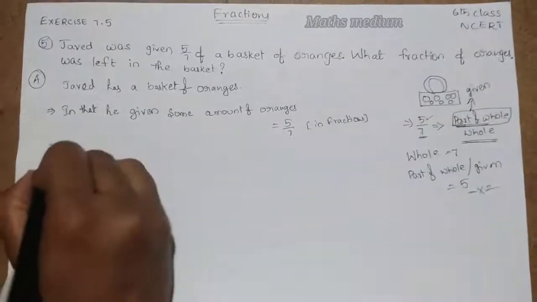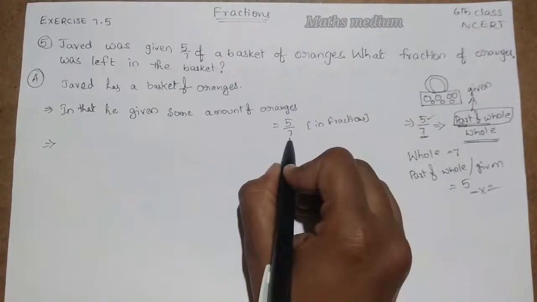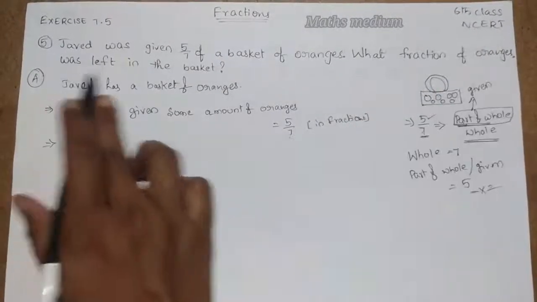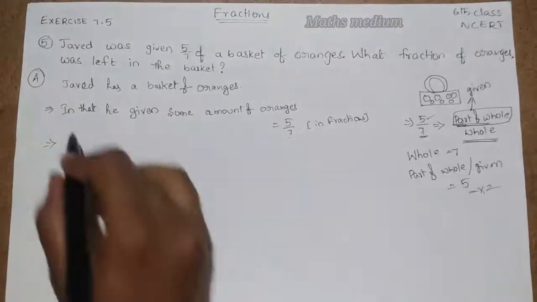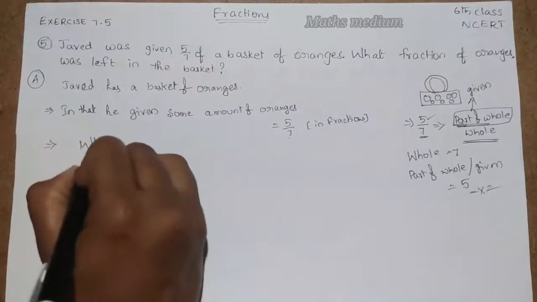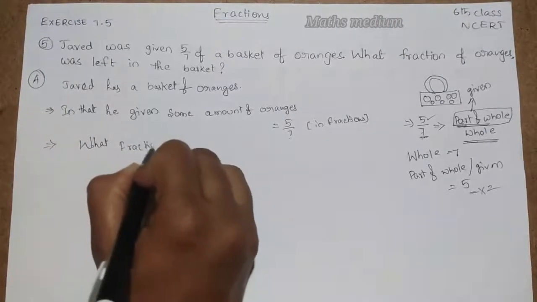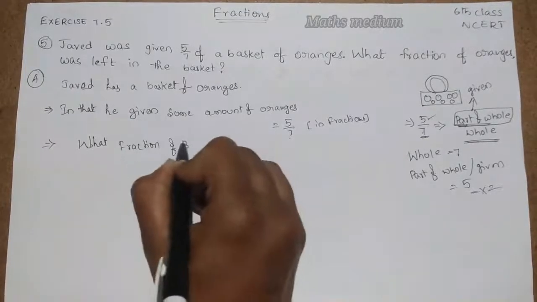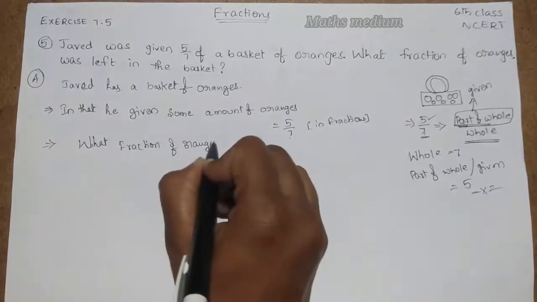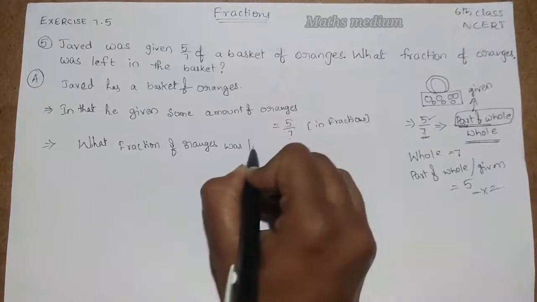So now here, 5 by 7. What fraction of oranges was left in the basket? We have to tell. So what fraction of oranges was left?